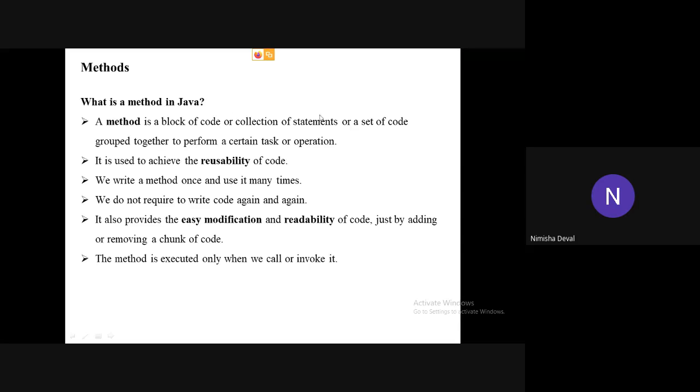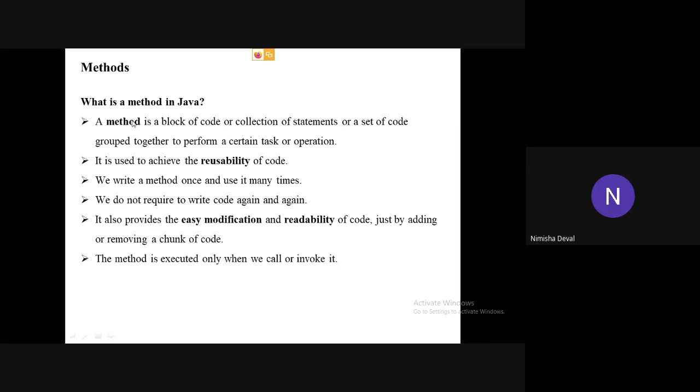So by using a method we can collect different statements to accomplish a particular task. Now suppose I want to collect data of a student, that is roll number, ID, address, PRN number, date of birth, likewise. All these are the data of that student.